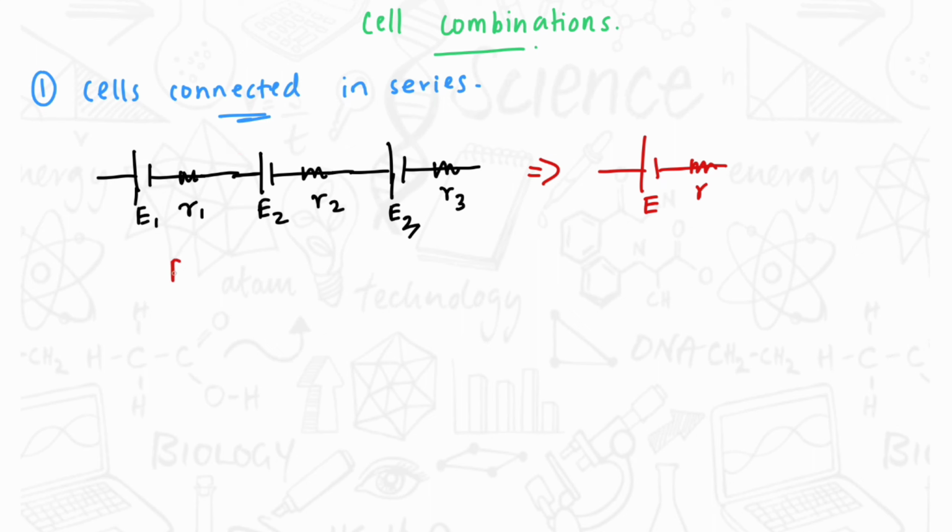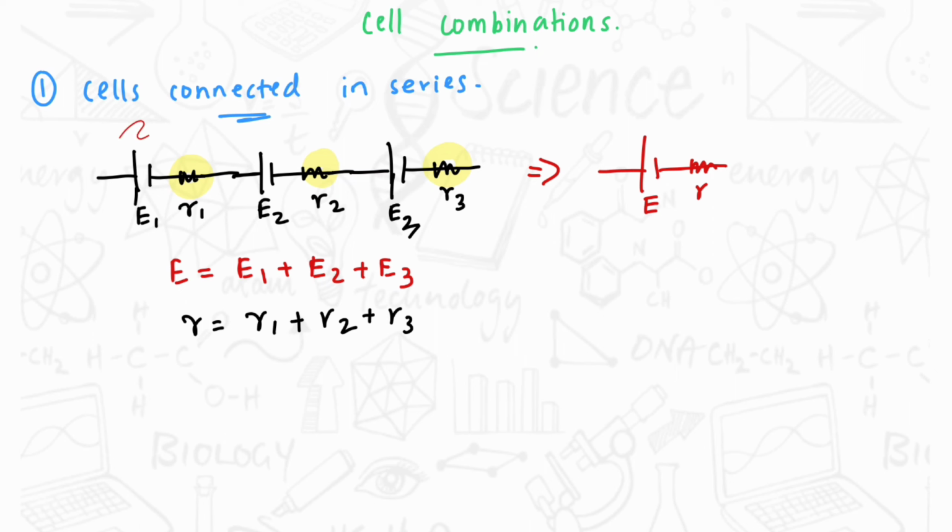So here in this case, we can say that E is equal to E1 plus E2 plus E3, and since these three resistors are in series to each other, we can say that R is equal to R1 plus R2 plus R3.